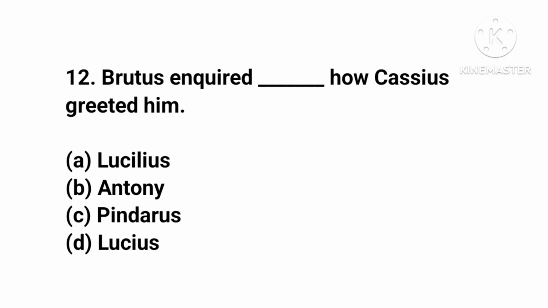Number 12. Brutus inquired dash how Cassius greeted him. Option A, Lucilius. Option B, Antony. Option C, Pindorus. Or option D, Lucius.